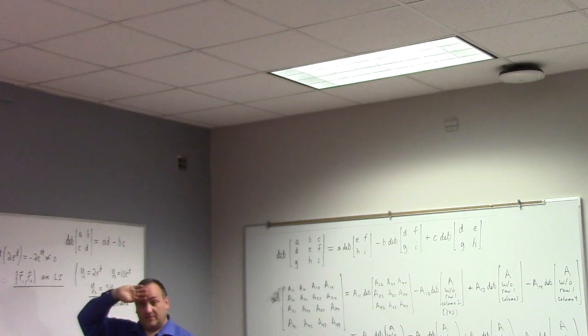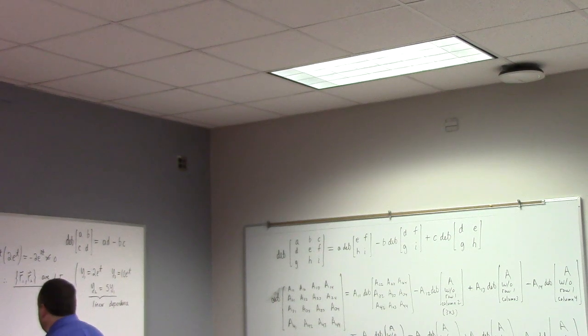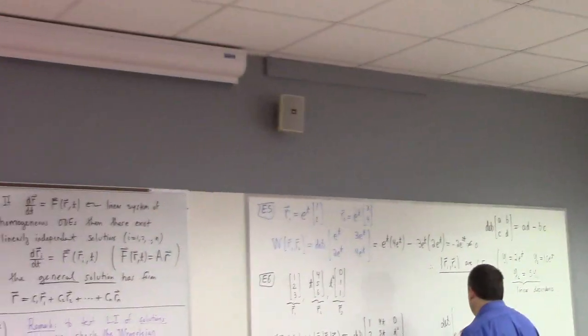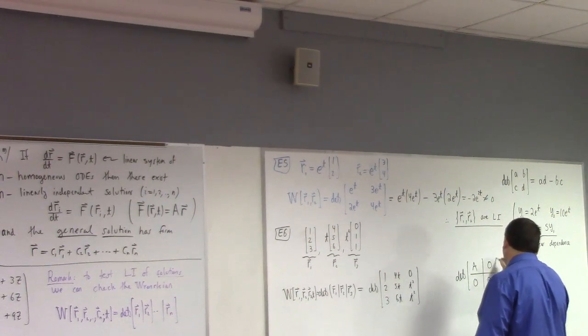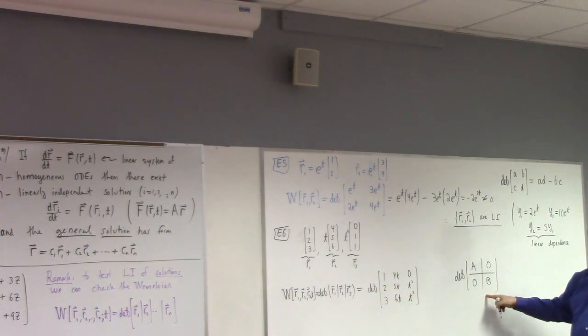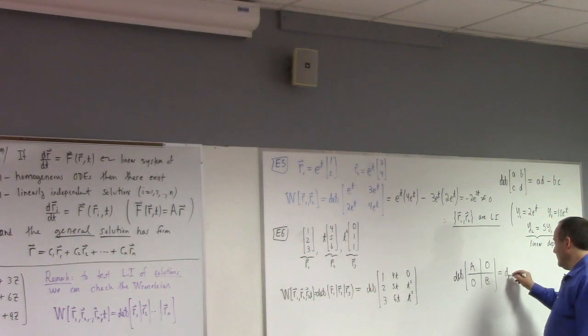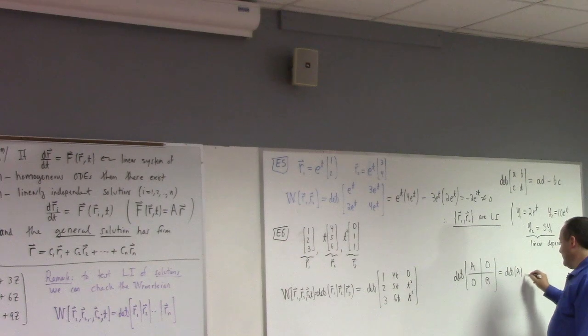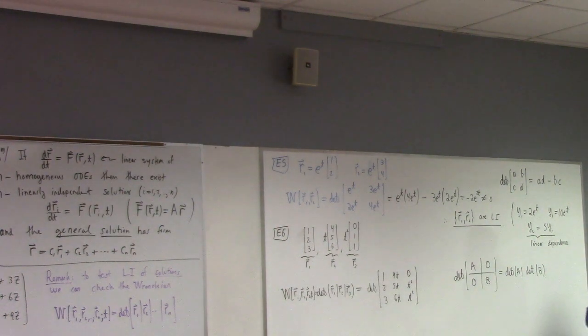nice special pattern. One of the super nice special patterns is if you have the determinant of a matrix that looks like this. This is a so-called block diagonal matrix. Something beautiful happens. It's the product of the determinants of the blocks.